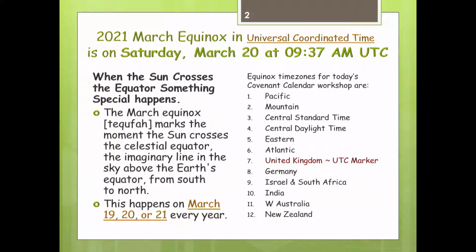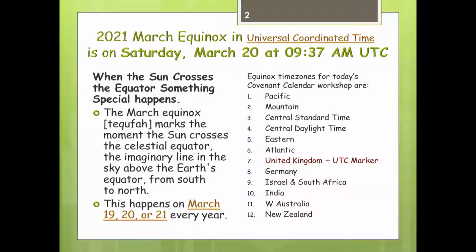When the sun's ecliptic path crosses over this celestial equator, the sun is rising direct east and setting directly west.